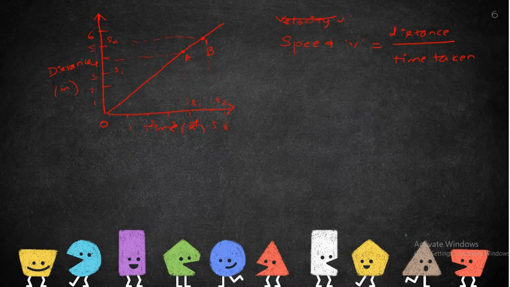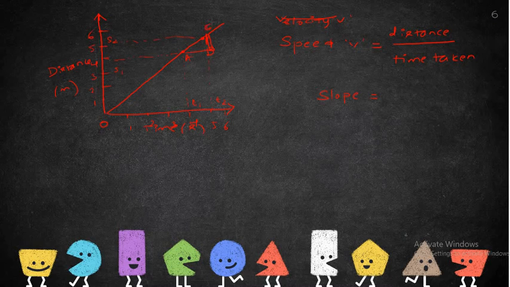Correct? See, if I consider the 2 points A and B, and if I consider the slope of this, how will I get the slope?